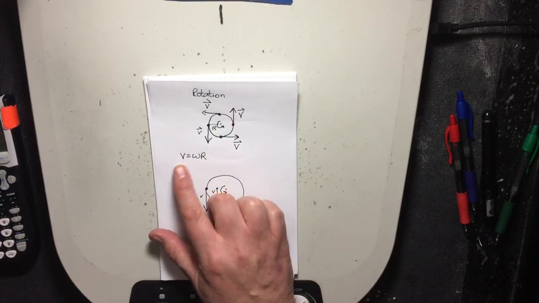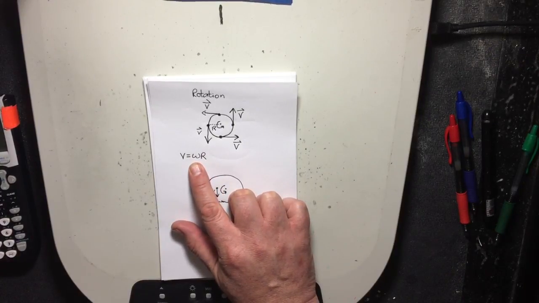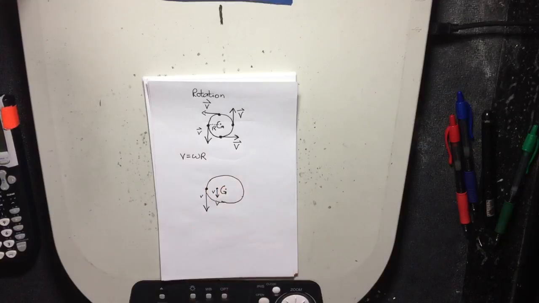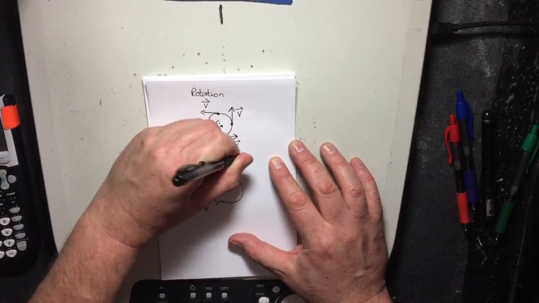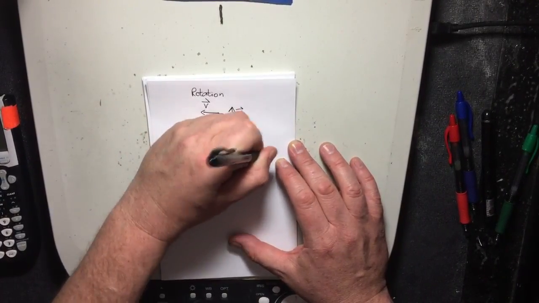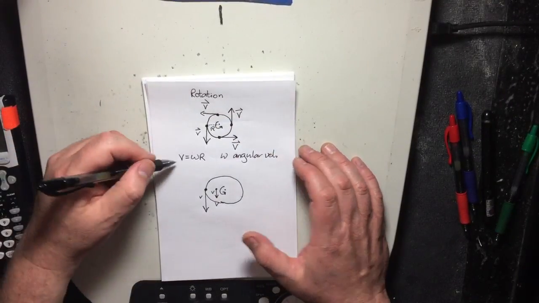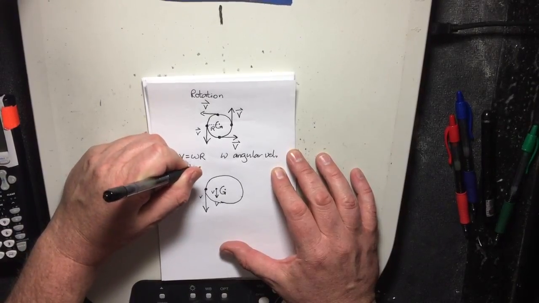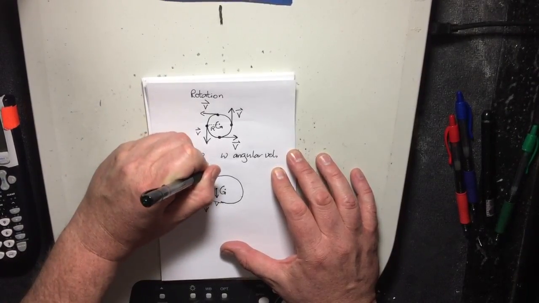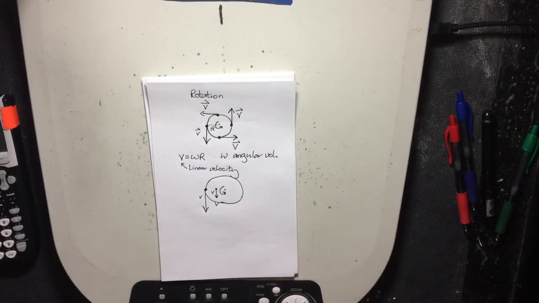This is the translation. For a given point at a radius, at a certain angular velocity, it will have a linear velocity of v. So omega is angular velocity, v is linear velocity, and r is radius.